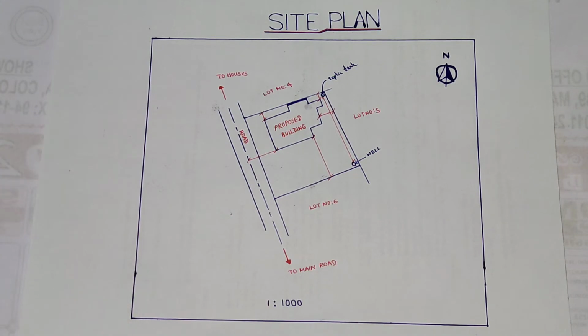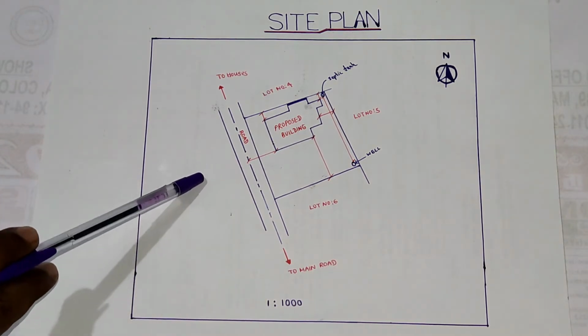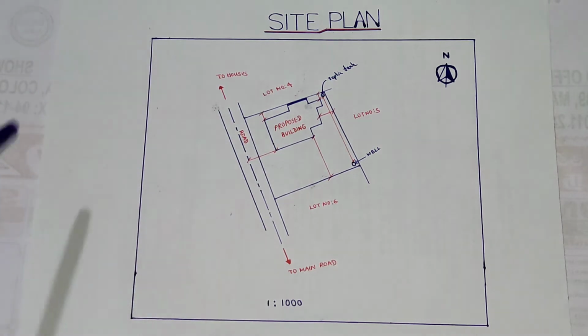In a site plan we have to use a scale, to say in which scale we have drawn this site plan. In my case I have taken the scale as 1:1000. You can consider 1:500 also, it doesn't matter.